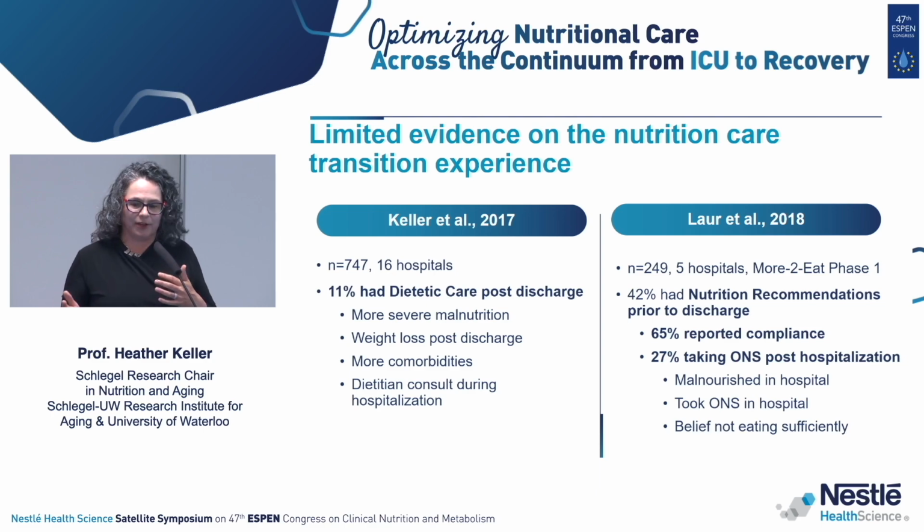Skip ahead 5 years, and though it's only 2018 in terms of publication, this study was actually conducted 2017 to 2018, where we changed practice in the hospital to show you that when you do change practice, you have better things going on for your patients. This was 5 hospitals, part of an implementation study where we implemented best practice with respect to screening on admission within 1 day of admission, SGA to assess the person in terms of malnutrition if they were at risk.